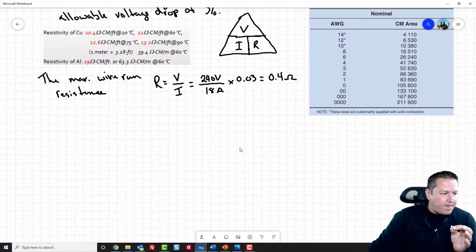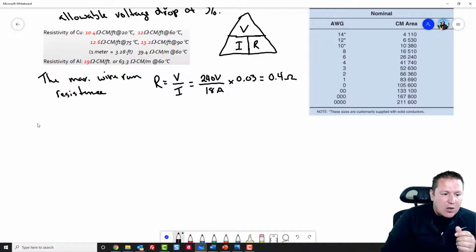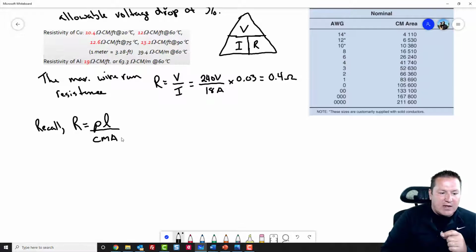All right, let me move this up a little bit. Hopefully that's clear. And now let's recall our formula for resistance, what we looked at above. I'm just going to rewrite it here so we have it. Resistance of a conductor is equal to the resistivity of that conductor multiplied by the length divided by the circular mill area of that conductor.